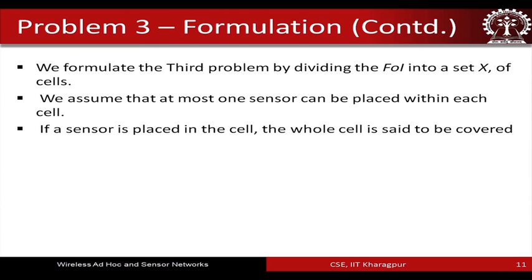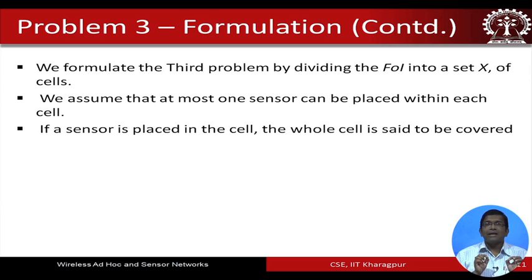The third problem is a bit different. Its formulation is a bit different, and its analysis is a bit different. So, we formulate the third problem by dividing the field of interest into a set X of cells. So, this entire area is divided into a set of cells X. We assume that at most one sensor can be placed within each cell.